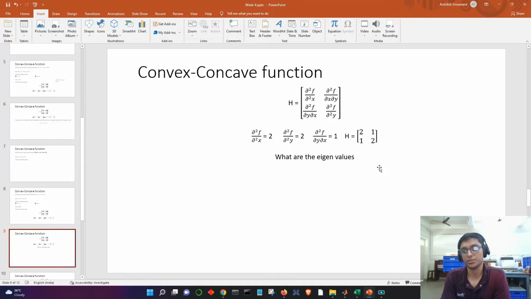You can use software, or you can solve by hand, but I would like to get the eigenvalues from you guys. So, is anyone solving, or am I just waiting?